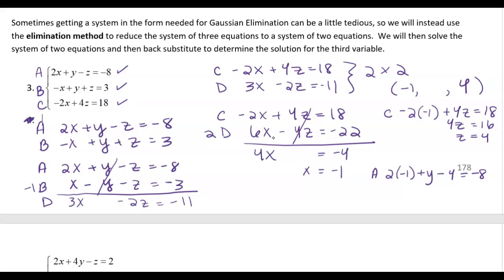So you're going to get a negative 2, you subtract the 4, that's a negative 6. You want to add that over, and you're going to get y equals negative 2. Right, so the y value of this point is negative 2. And there is your solution to the system.